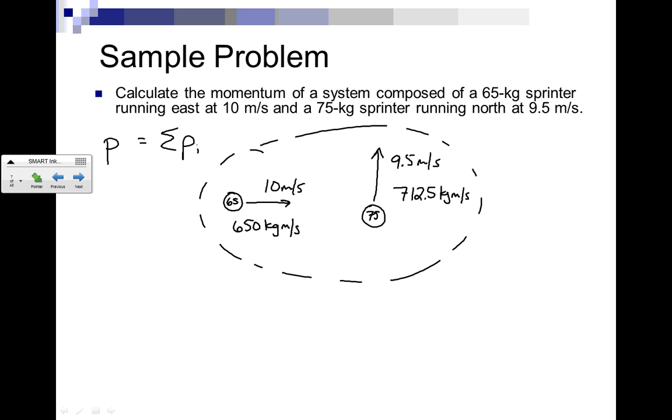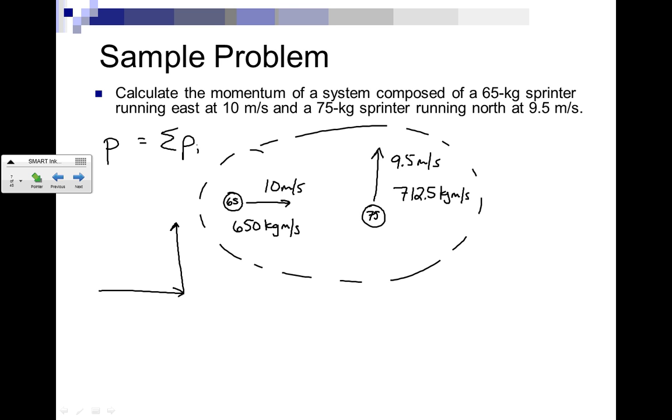Can we do the Pythagorean theorem on them? Momentum this way, momentum this way. In all honesty, you're not going to get this question on the AP exam. The important thing to know is that you cannot add them together because they're in different directions. Just as you can't simply add the velocity from the x direction to the velocity in the y direction to get total velocity. It's not how it works.